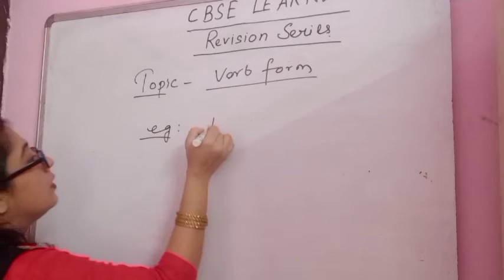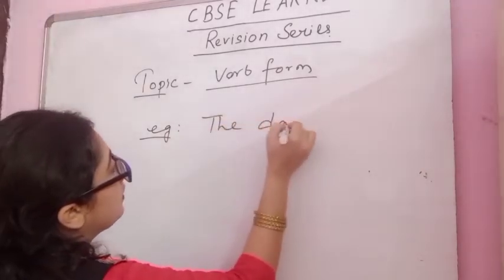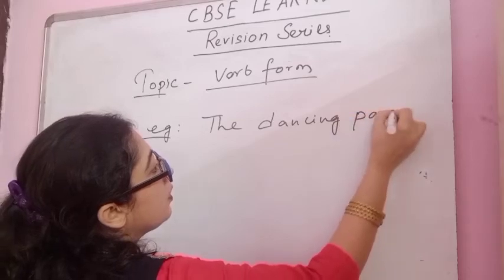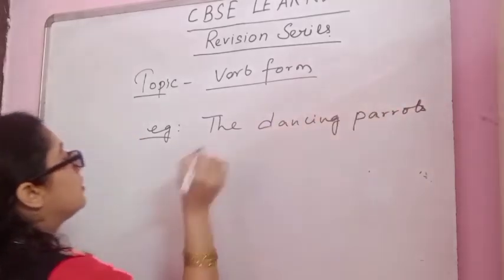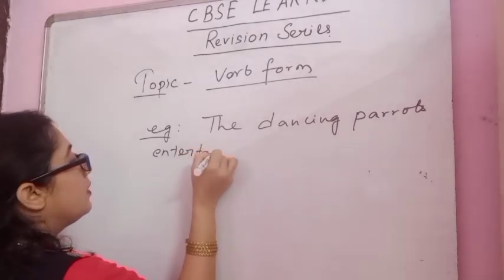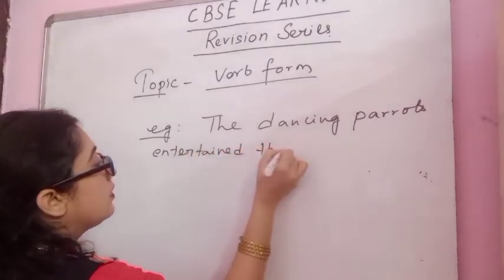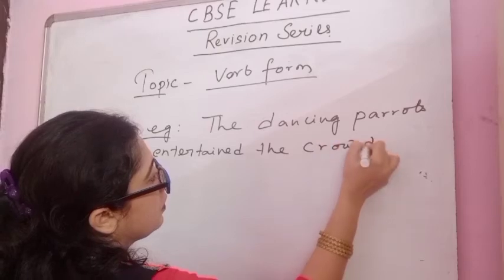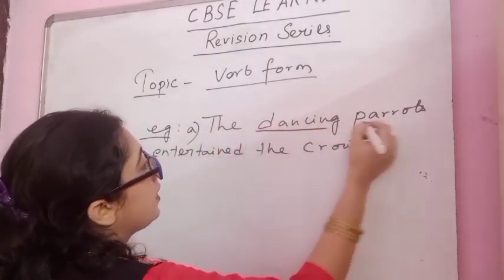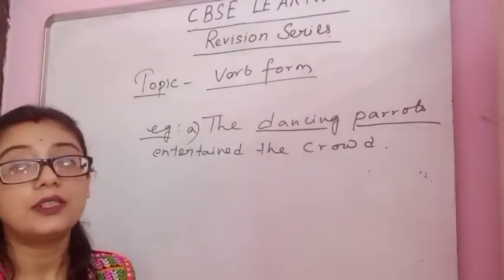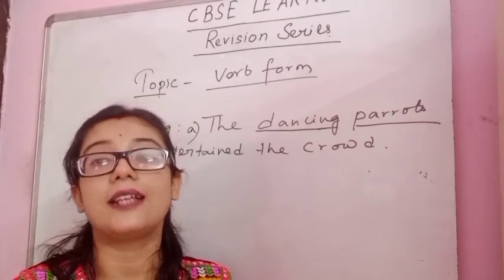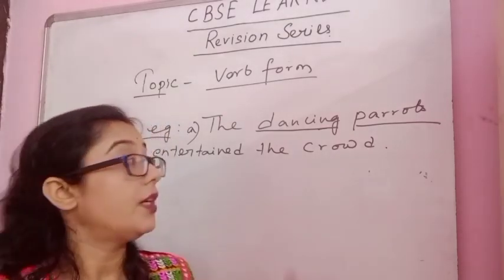The dancing parrots entertained the crowd. Okay, this is the first example. Here see the dancing parrots. What parrots? The dancing parrots. Here, though dancing is a verb, we are using it as an adjective to describe the parrots.